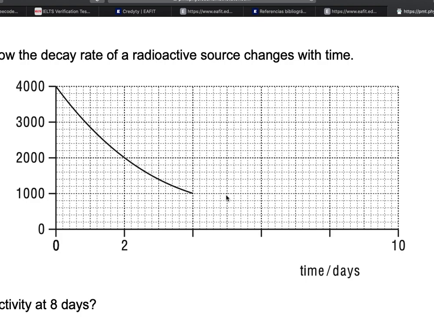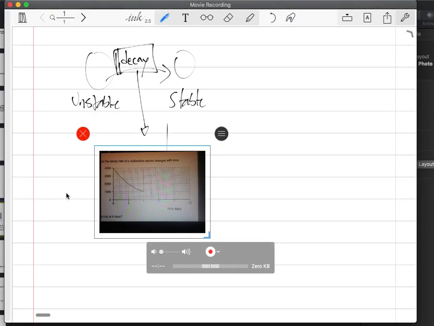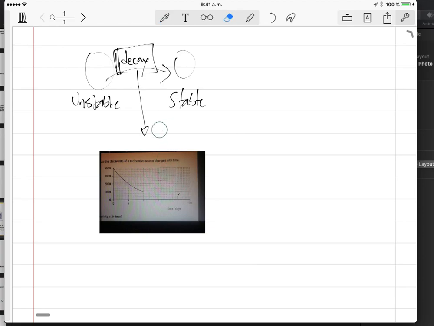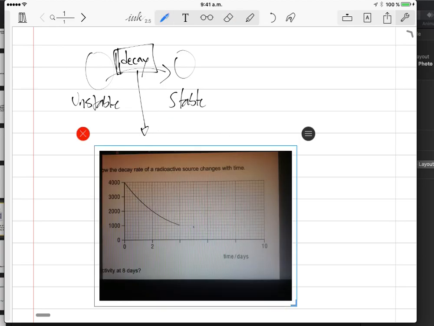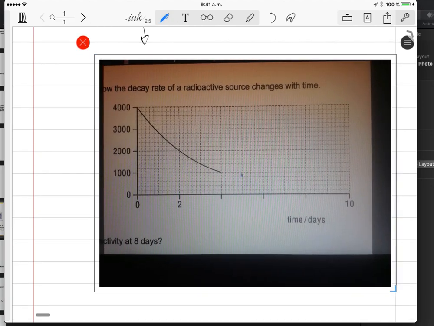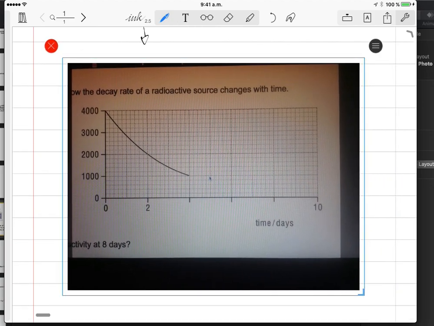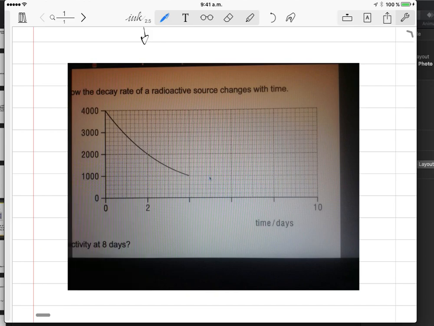I want to share the iPad with you. Let me hold on, I want to erase this one and do an expansion. I want to expand it. So we have it here like this.